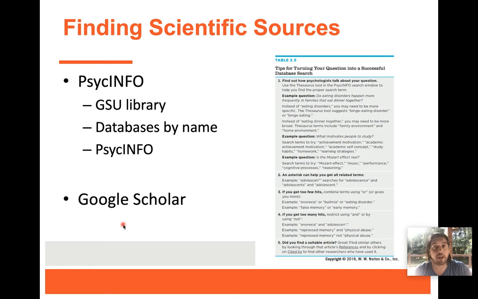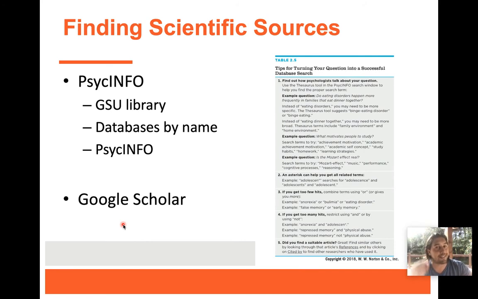So if you just went to regular Google and you typed in bilingual language development, you would get some scientific results, but you're also going to get non-scientific results. You're going to get journalism. You're going to get someone's blog. You're going to get Facebook pages and groups about bilingualism, right? You're going to get all kinds of stuff because it's just a general Google search.